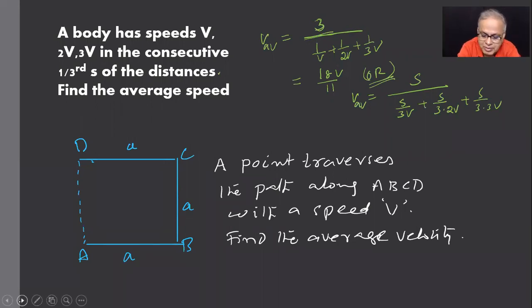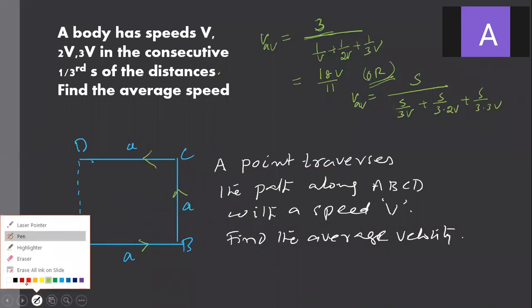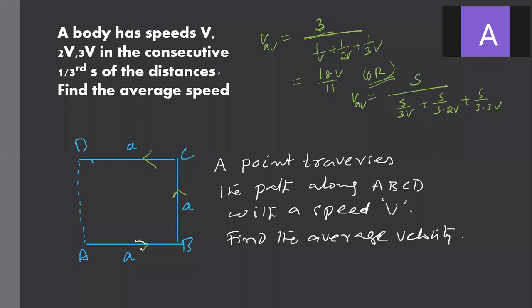Now, tell me, Bhuvana, what shall I do for this? A point traverses the path along A, B, C with speed V. Like this, this is the path. It's going like this, A to B, B to C. It's stopping there.